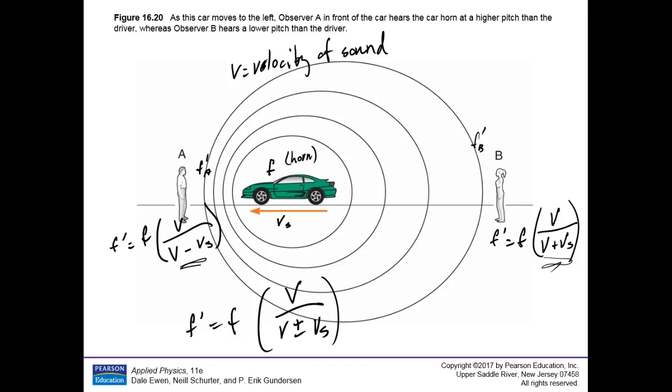Now, is there room on this page to do it? Let's see if we can. An automobile sounds its horn while passing an observer at 25 meters per second. Okay? So the velocity of the source is 25 meters per second. The actual horn frequency is 400 hertz.